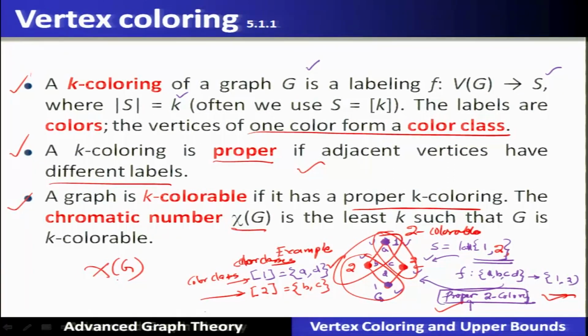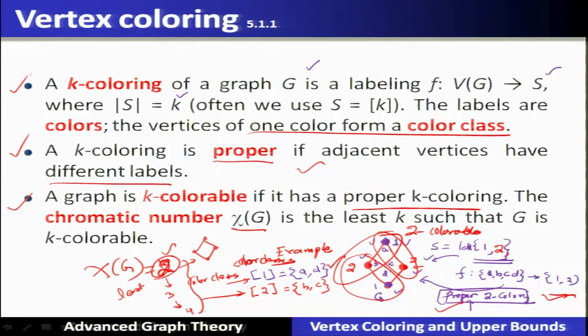Now, the chromatic number chi of G is the least k such that G is k colorable. Here we have taken the value 2, hence chi of G is 2. The chromatic number of this particular graph, which we have taken in this example, is 2, because this is the least value. You can also color with 3 colors or 4 different colors, but this is the least of all.